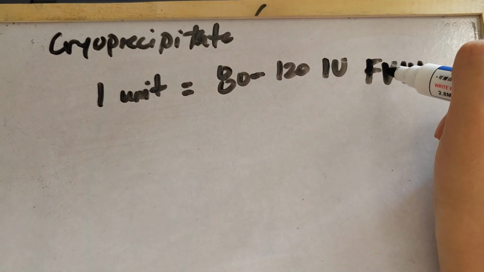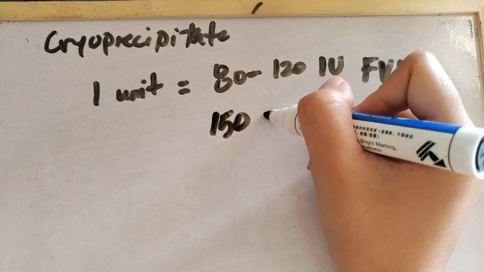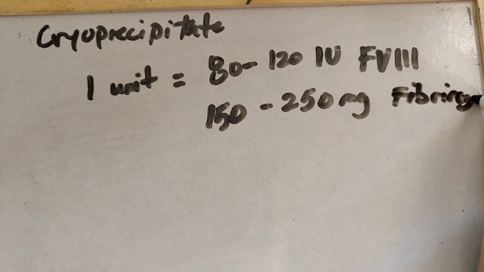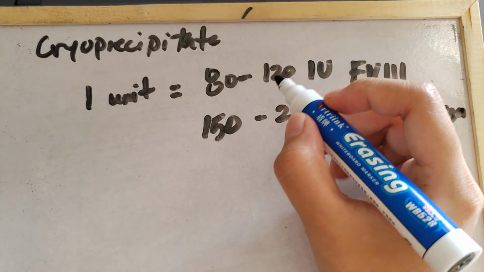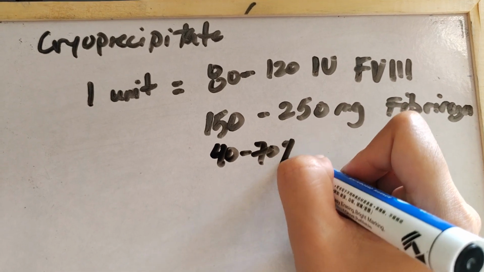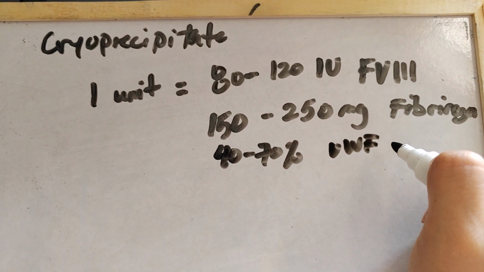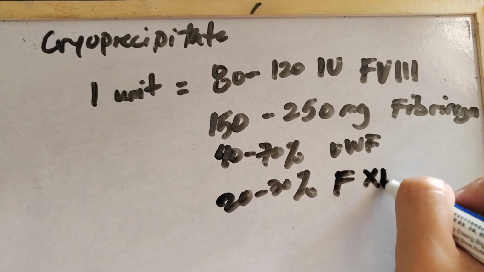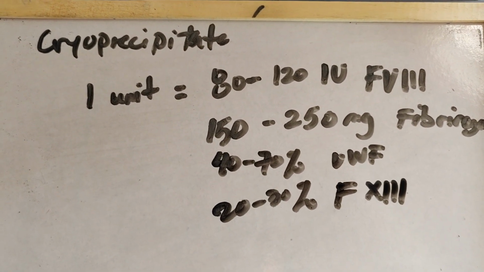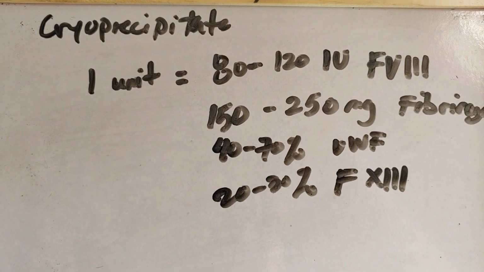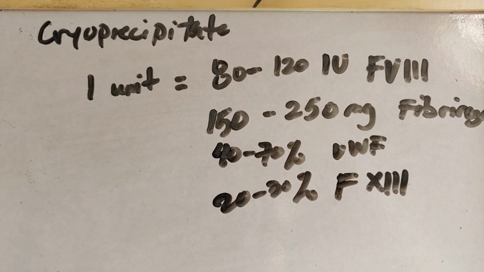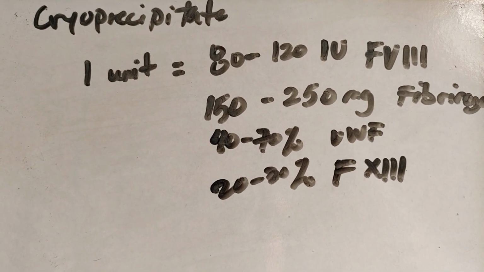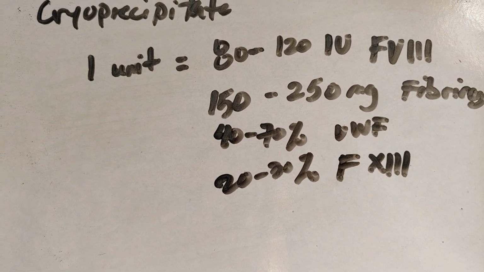It would also give you 150 to 250 milligrams of fibrinogen, 40 to 70% of von Willebrand factor, and also 20 to 30% of factor 13.